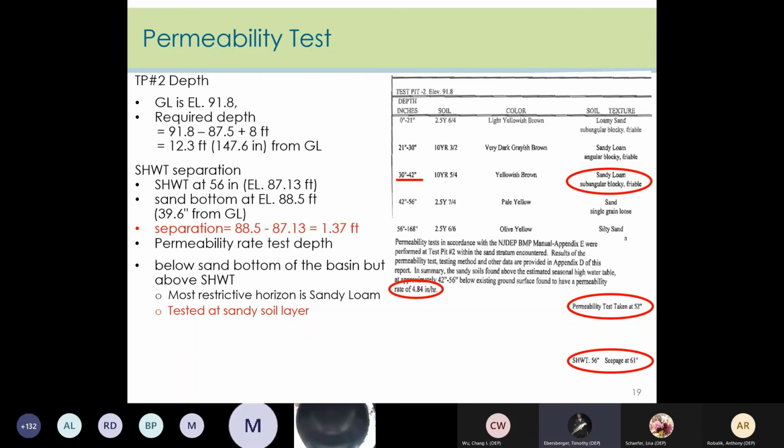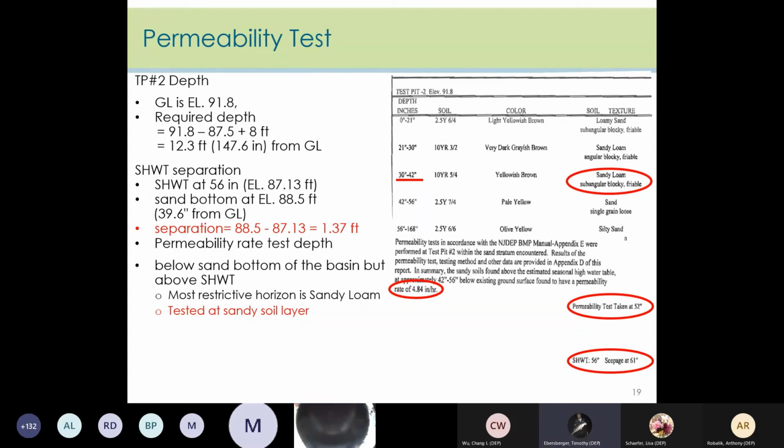Next, the soil permeability test is checked. The seasonal high water table is 56 inches from ground level, and the bottom of the basin is 39.6 inches from ground level. Therefore, the soil permeability test must be done in the most restrictive soil layer between 39.6 inches and 52 inches.